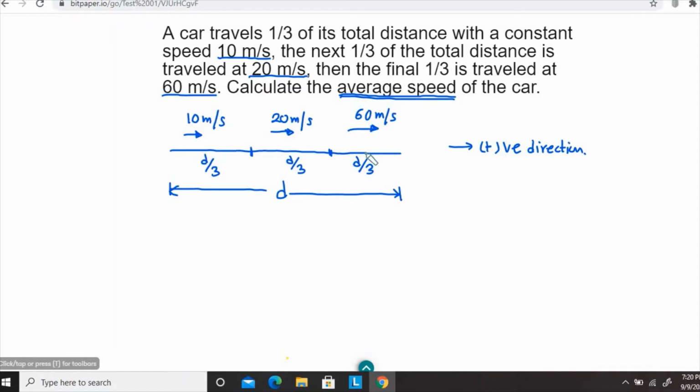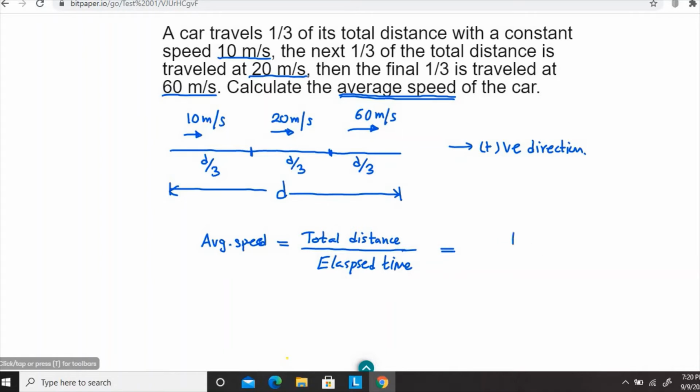Let's use the definition for average speed. Average speed is the total distance divided by the total elapsed time. The total distance is obvious, right?